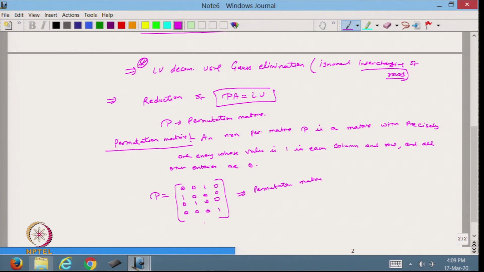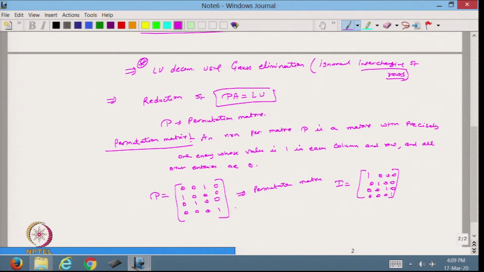In the permutation matrix, we have started with I, the identity matrix, and then we have interchanged the first row.